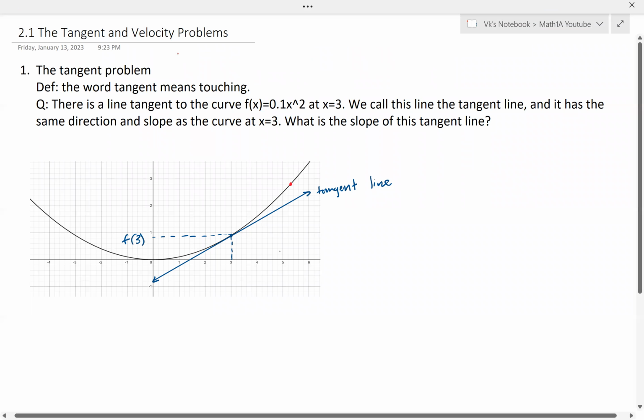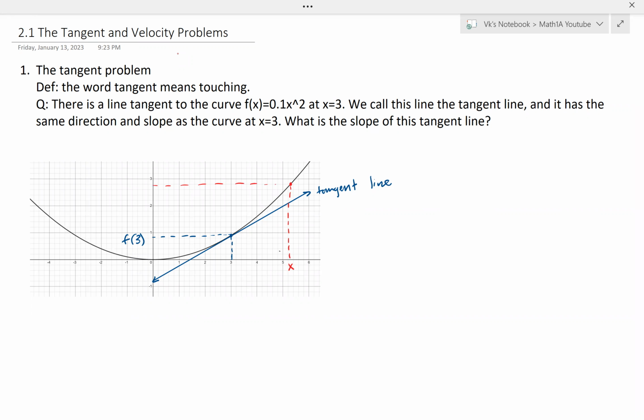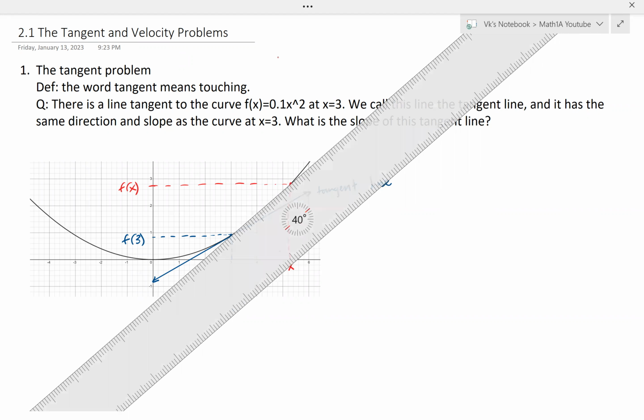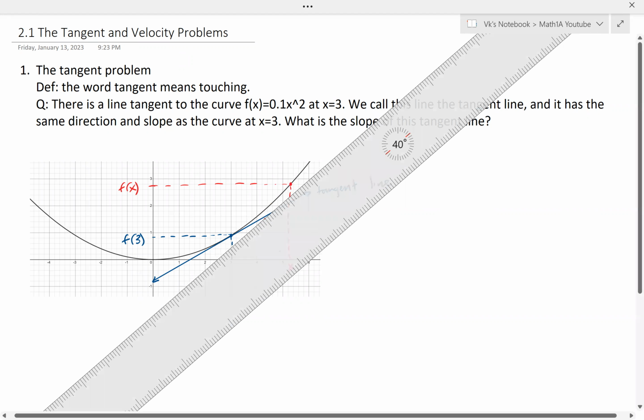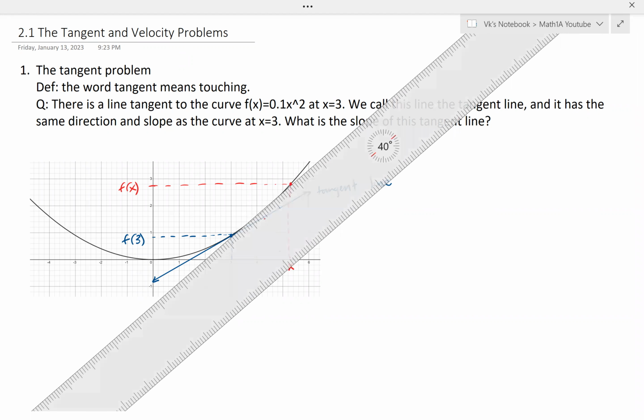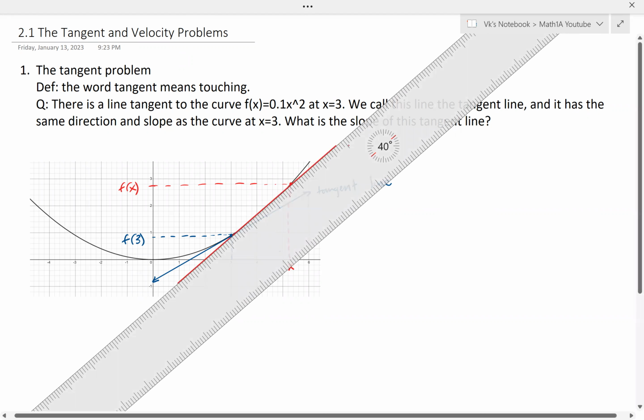Let's just pick an arbitrary point, x and f(x). We can sketch a straight line through these two points, and call it the second line.